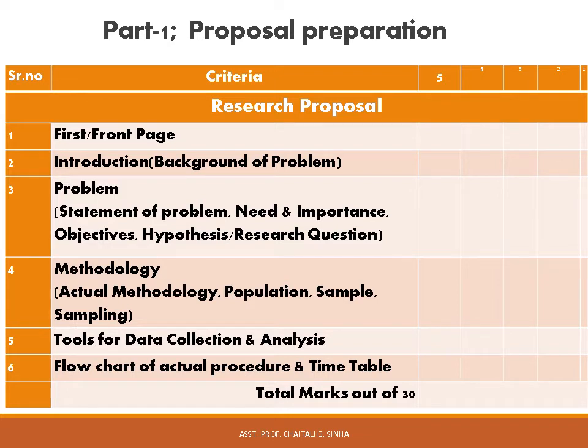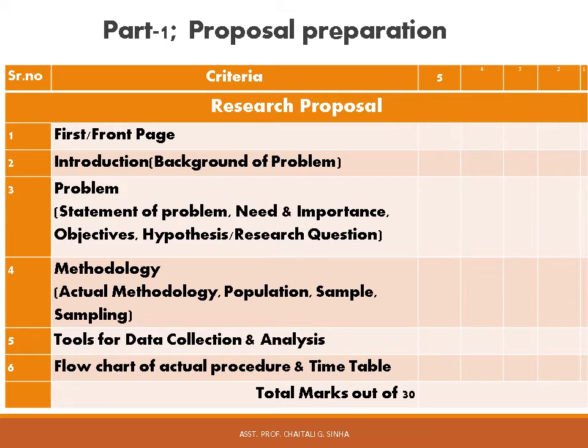And I am sure, being a B.Ed student teacher, you all know how to write objectives. Then you have to write the hypothesis. If you are doing experimental research, then you will write hypothesis. And if you are doing a survey, then you have to write research questions.